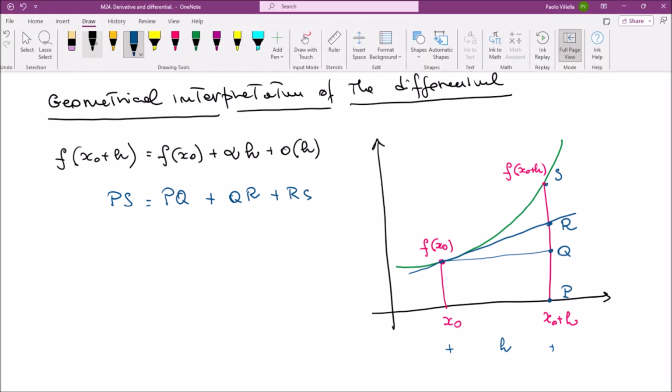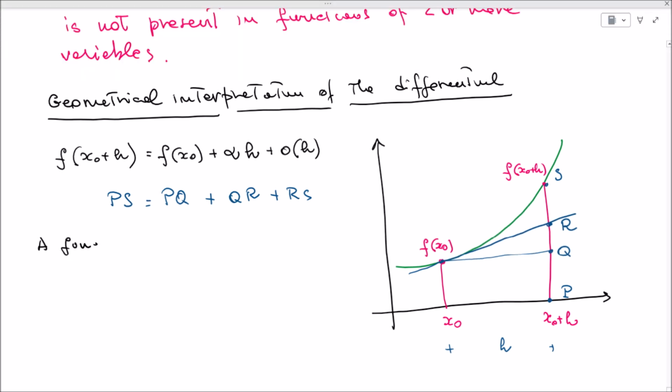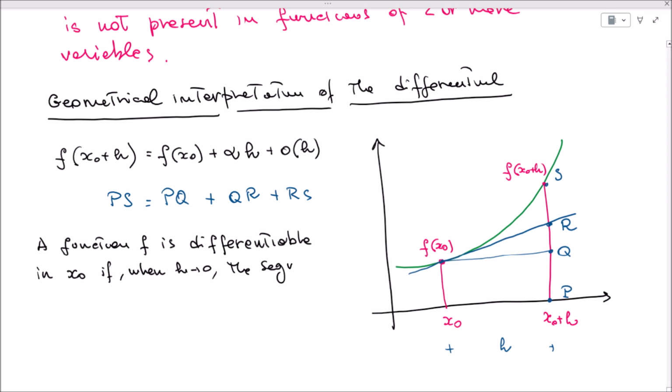So we are now in the position to say that a function f is differentiable in x0 if, when h goes to 0, the segment RS that we have just identified on the graph goes to 0 faster than QR.